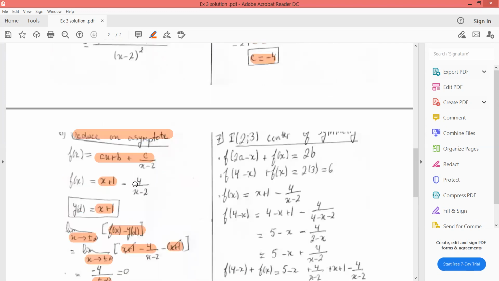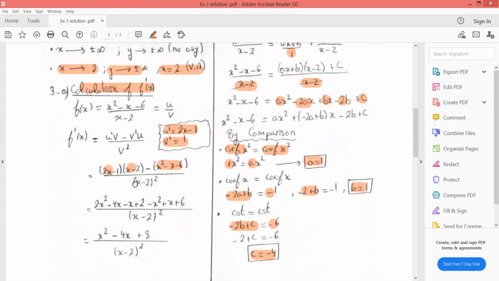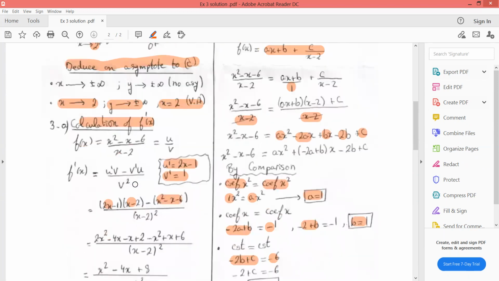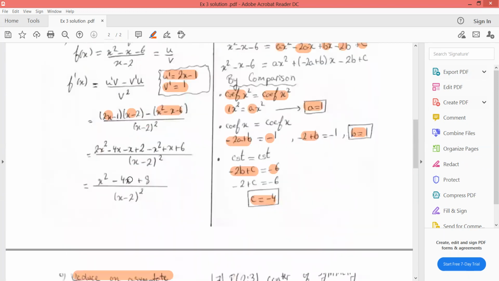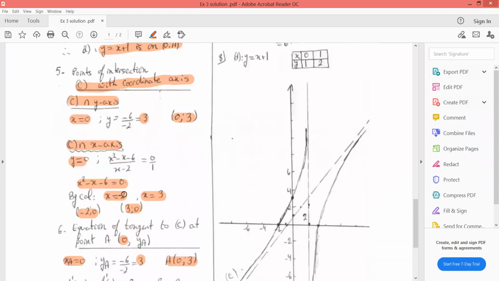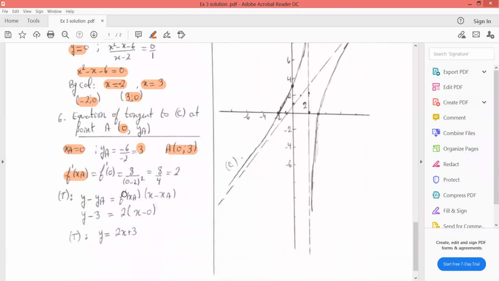The derivative we already found before in a previous part: f prime of x equals (minus x squared minus 4x plus 8) over (x minus 2) squared. To find the slope, we replace the abscissa of A, which is 0. It becomes (0 squared minus 4 times 0 plus 8) over (0 minus 2) squared. So f prime of 0 equals 8 over 4 equals 2.